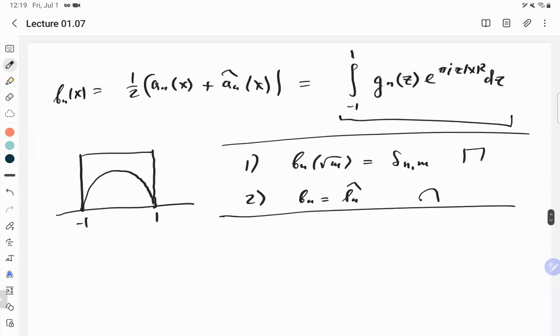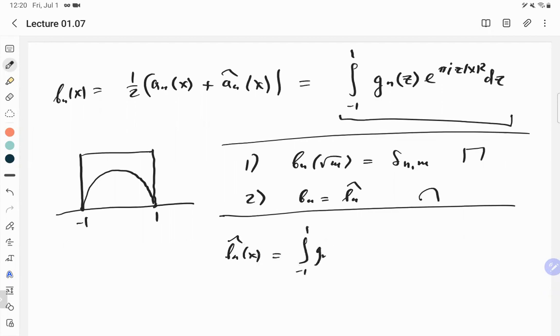For the semicircle, it's actually kind of easy. You just apply the Fourier transform to the integral formally. So Bn hat of x is equal to the integral from -1 to 1 of Gn. I have to say which dimension we're working in, so let's say dimension 4.